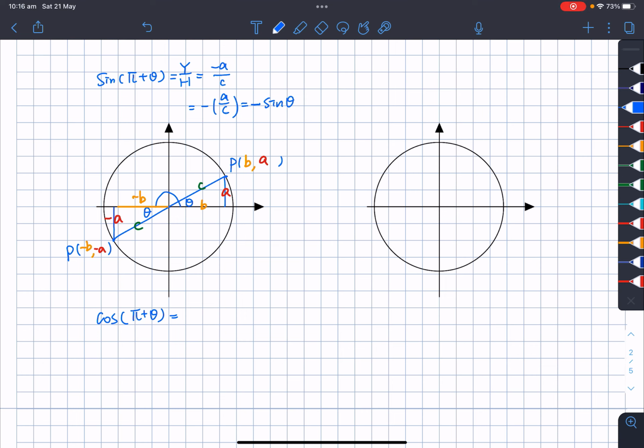X coordinate over hypotenuse, so equal to negative b over c. B over c should be cosine theta. So the answer will become negative cosine theta.